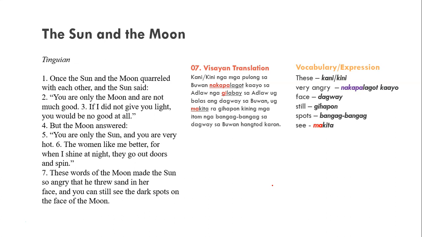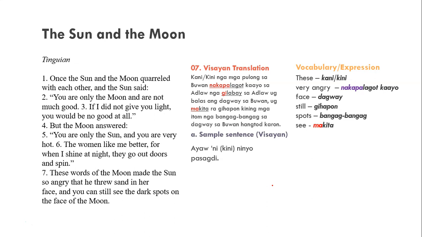These, kani or kini, very angry is nakapalagot kaayo. Face is dagway. Still is gihapon. Spots, bangag-bangag. See is makita. And I picked out an important vocabulary in the sentence. Ayaw ni or kining for the long cut.